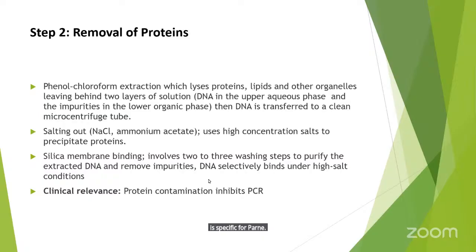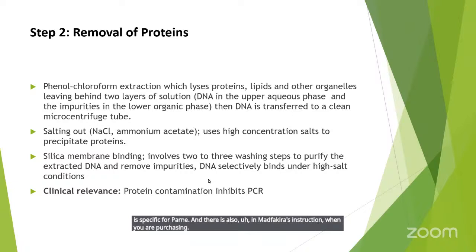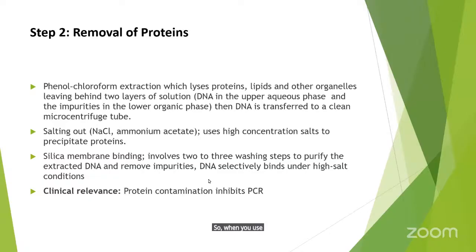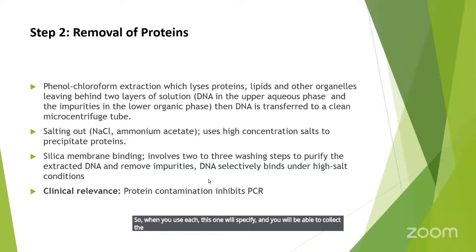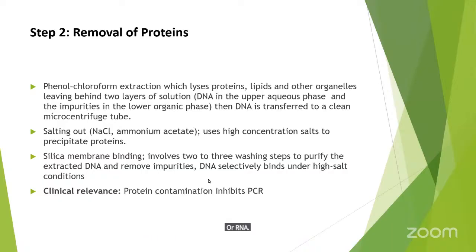And there is also in the manufacturer's instruction when you are purchasing, there are spin columns specific for RNA. So when you use each, this one will specify and you will be able to collect the right molecule, whether you will be in need of the DNA or RNA. I hope I've answered your question. Thank you so much.